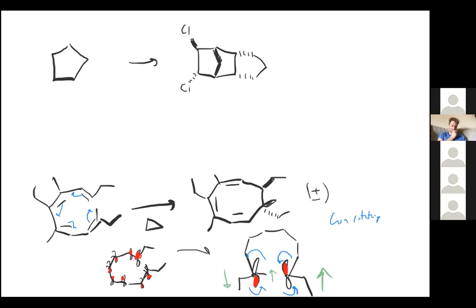My hint is that I want you to use this as your only carbon source. So anything you use has to come from this here. And the hint is that you're going to need to make this as well as this here. So we'll talk about this at the beginning of the day on Tuesday.